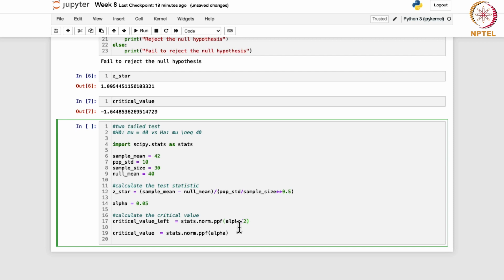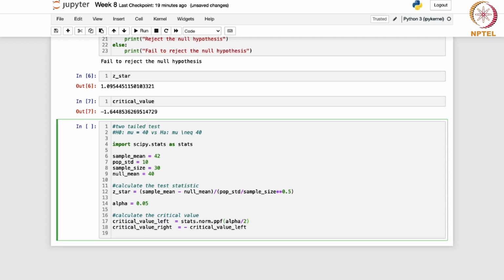So alpha by 2 is used to find the critical value on the left side, and PPF uses the area below the curve that is to the left of this point, that is the z-score. So that is why we write alpha by 2, and for the right tail, it would be basically simply the negative of whatever you have obtained here, right? Because both these values are the same with just the difference of negative and positive sign.